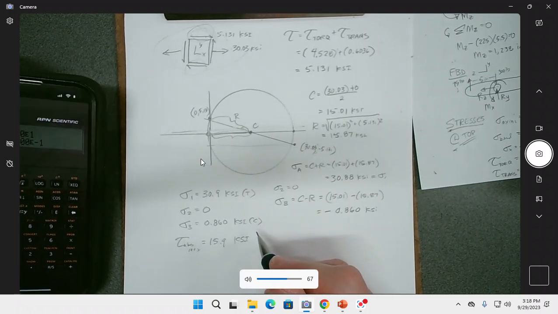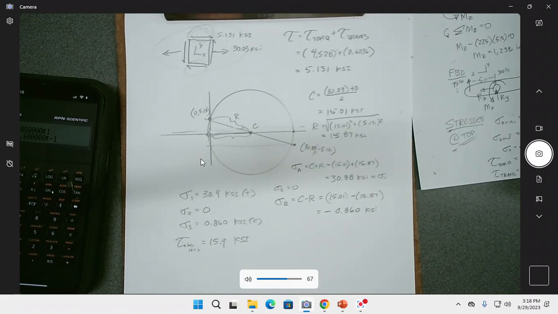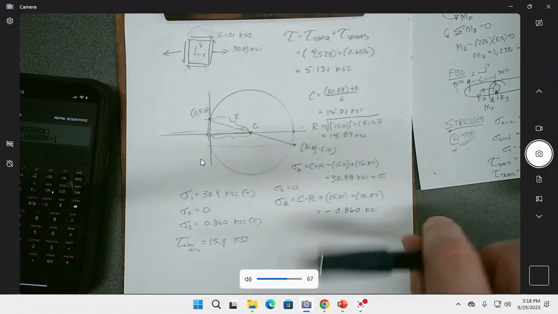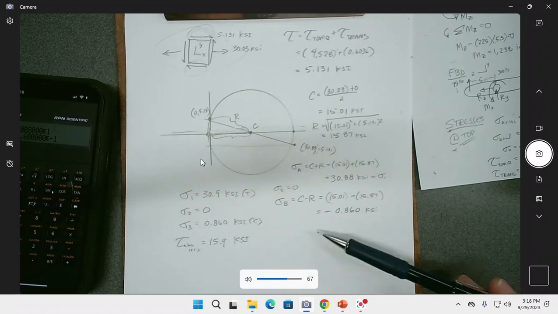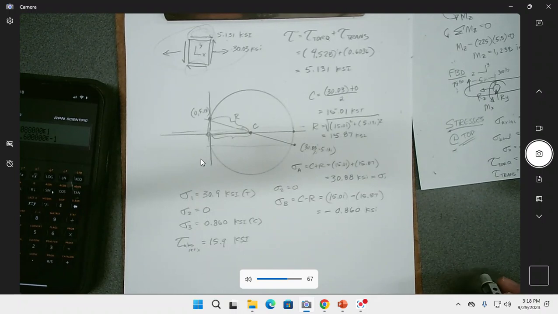And I lied, it took me like a half hour, not 15 minutes. But then I went ahead and did the extra stuff. I didn't have to do the Mohr's circle part of it. I didn't do a 3D shaft, but I don't have time to do it. But I encourage you to look through.